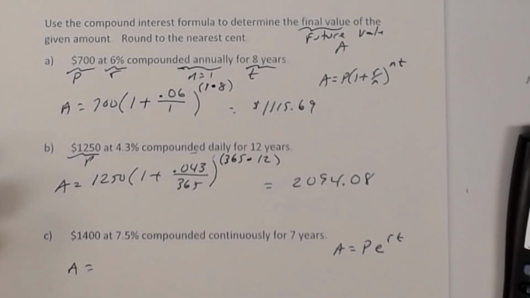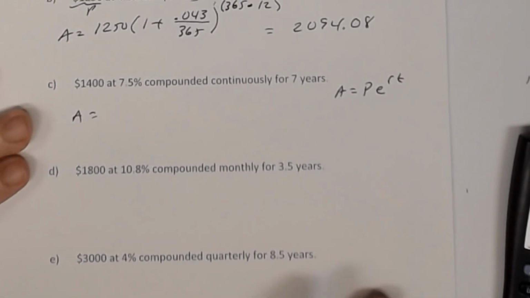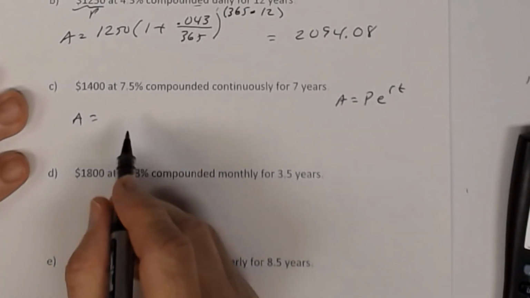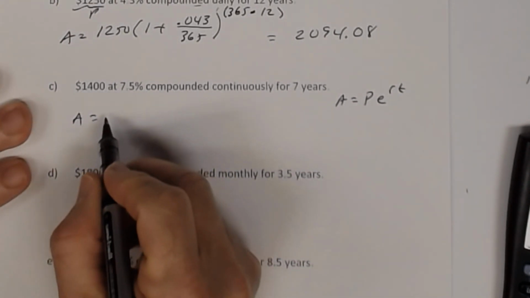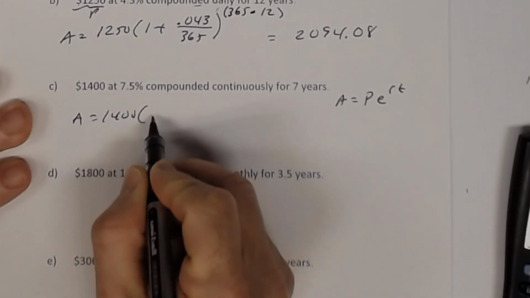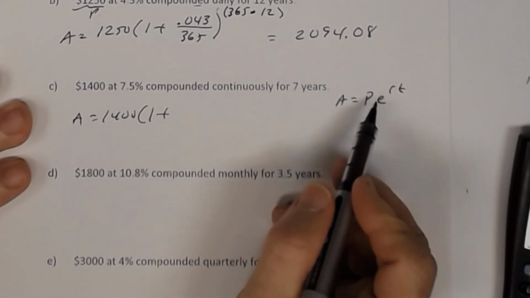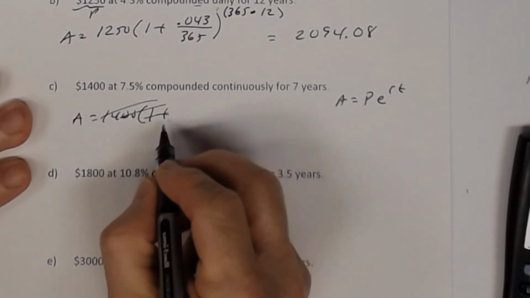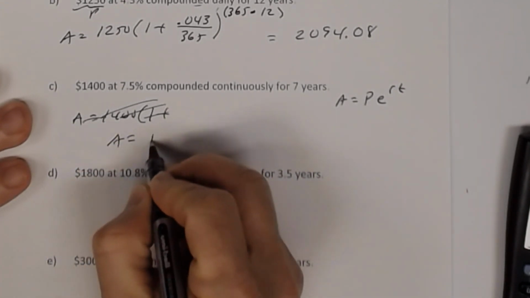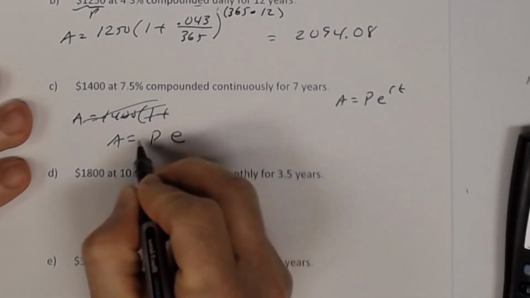Okay? All right. So letter C, you have A equals, the principal is 1,400 times, excuse me. Okay, so let's do it again. So A equals P times e.